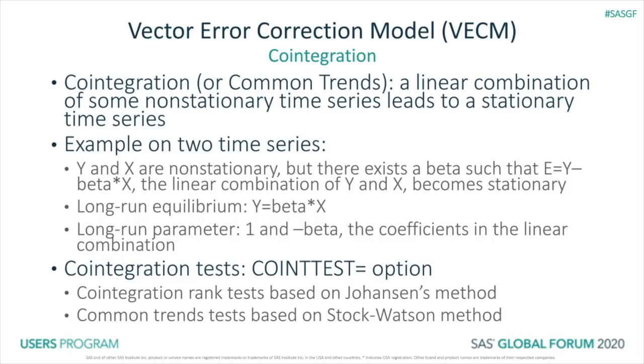If we can find a linear combination of these non-stationary time series that leads to a stationary time series, then we should use this information. About how to test it, we provide the cointtest option, and I won't talk about it now.